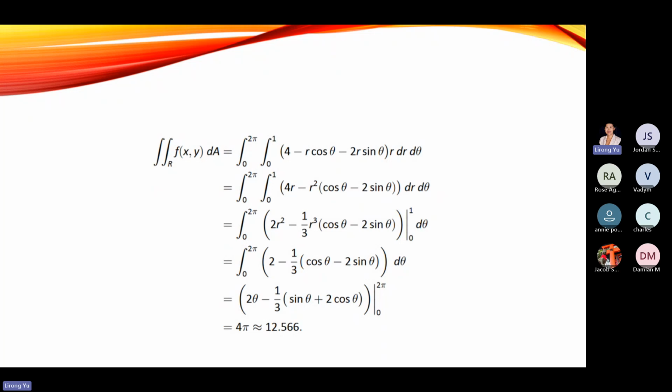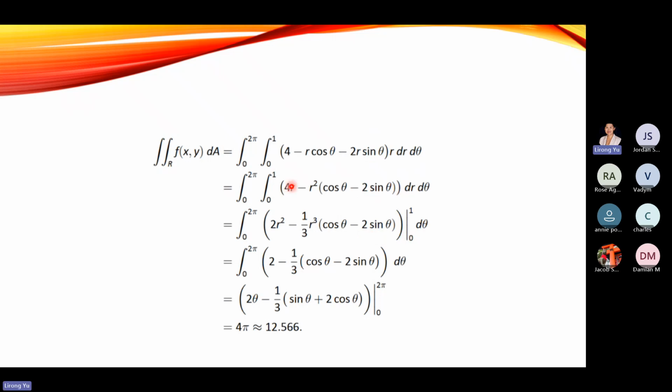Theta, for a full circle, one revolution is 0 to 2 pi. So from there, inside we do dr, and you can see this is the r part. Integration for r, we will have 2r squared. Integration of r squared, we have r cubed over 3. All the others are coefficients we have to follow. So that finishes the inner layer of the integration.